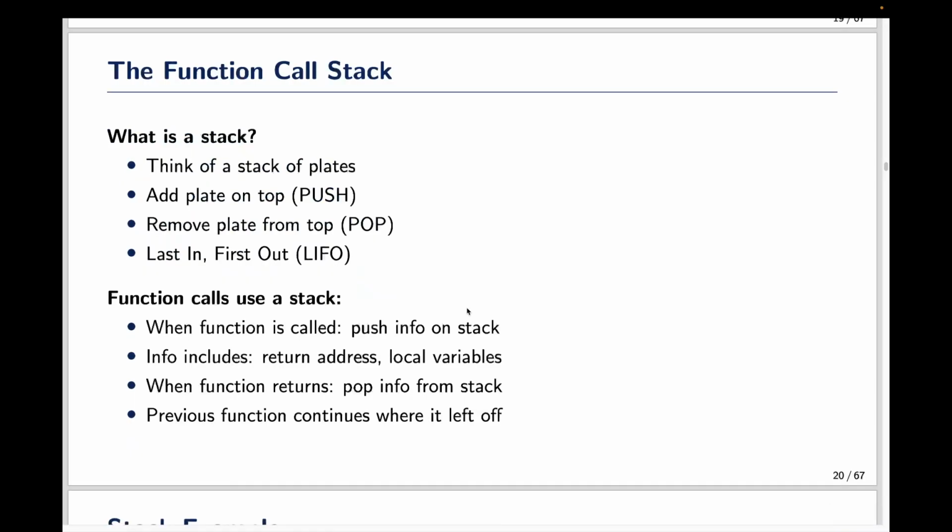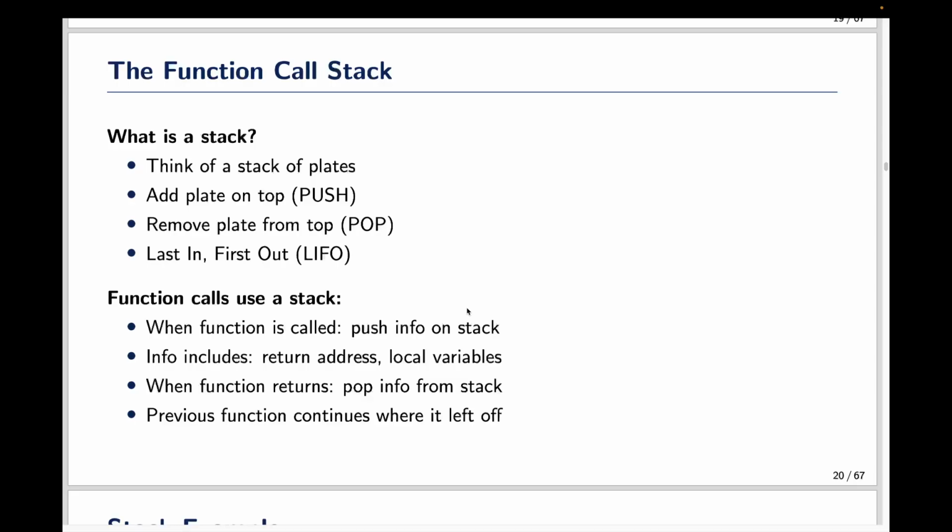Before I go on to tell you how it works inside the C language, just to give you an analogy, suppose you are in a kitchen and you have a rack where you put all your dishes one by one on top of each other.